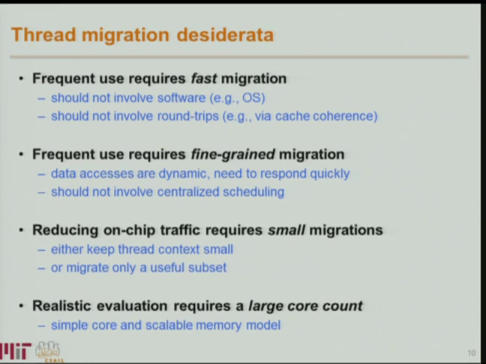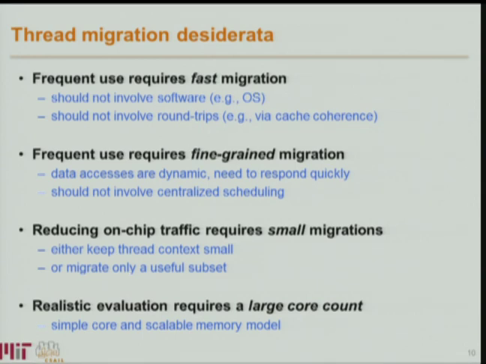And for the same reason, it shouldn't involve centralized scheduling, because you can imagine you have a 1,000-core chip, you have a central scheduler, it gathers data from all these cores, decides what to do, and by the time it sends instructions out, all the performance you could have gained is gone.